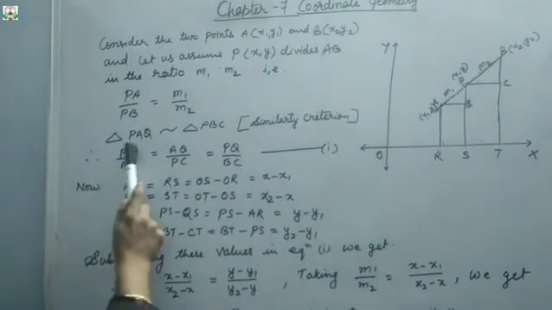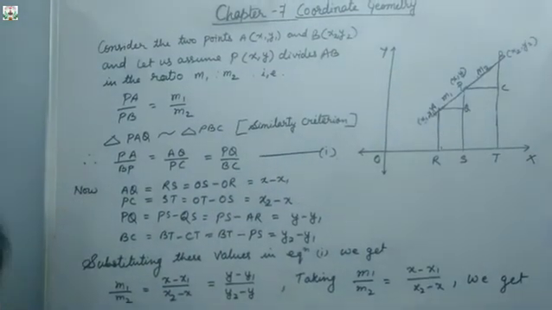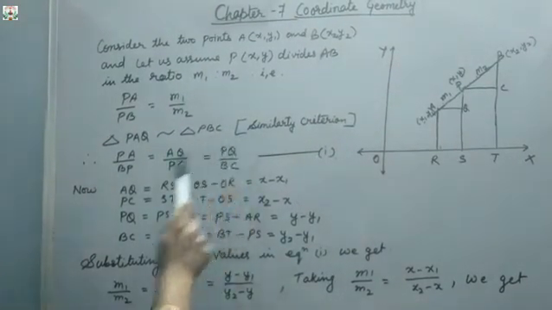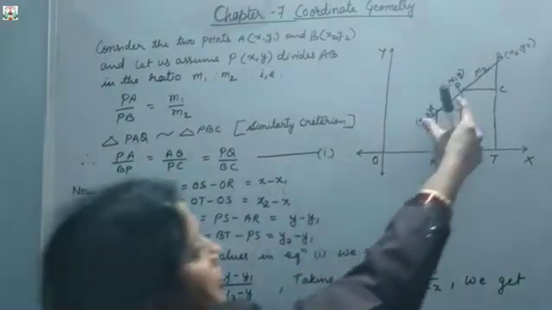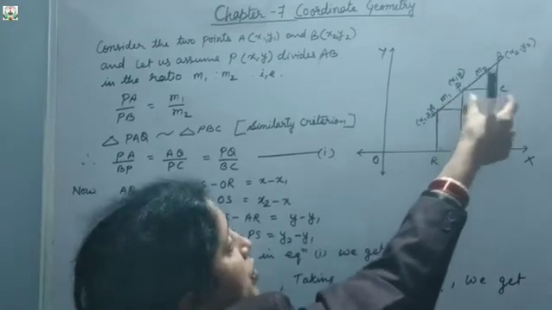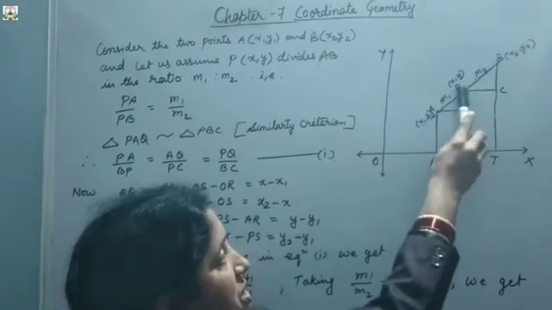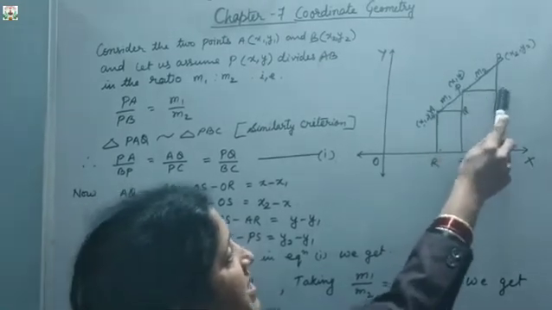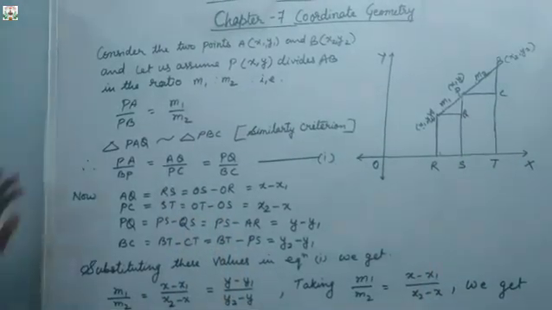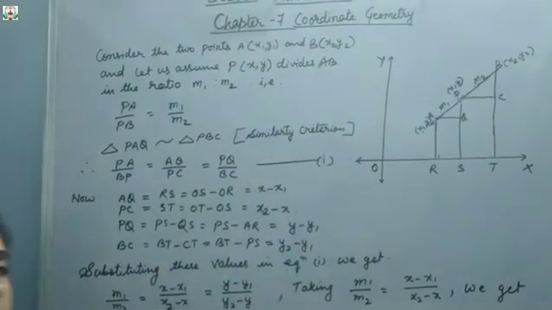According to the similarity criterion, we will have PA upon PB equals AQ upon PC equals PQ upon BC. Mark it as equation 1.